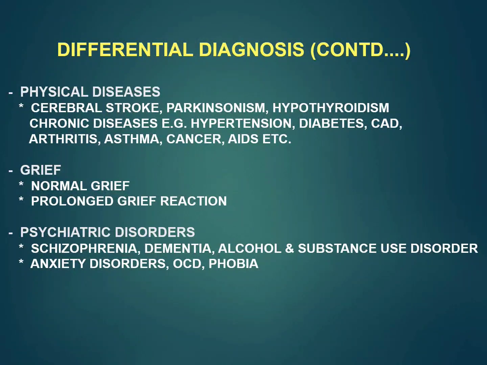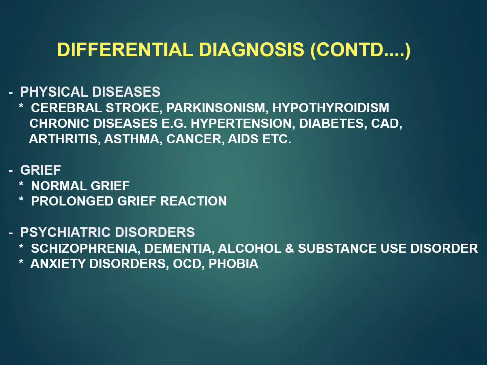Alcohol and substance use disorder, whether they are trying to suppress the depression and take alcohol, or it is associated, those things are not very much clear. Then various anxiety disorders also have depression associated.